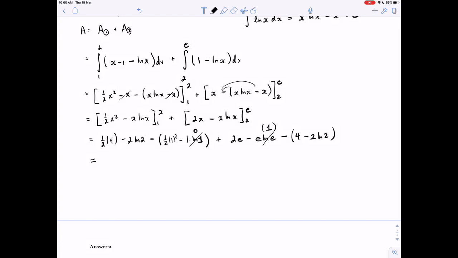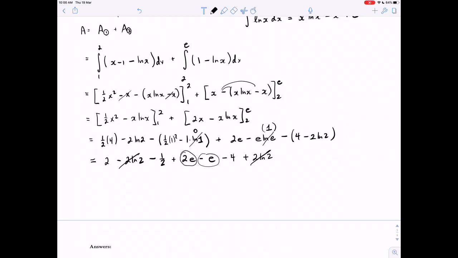So let's simplify again. So 4 divided by 2 is 2, minus 2 ln 2 minus 1/2, plus 2e minus e times 1, so just minus e, minus 4 minus minus plus 2 ln 2. Those values will cancel. And so all I have left to do then is to collect my like terms.